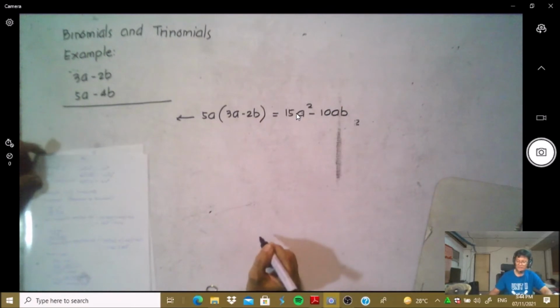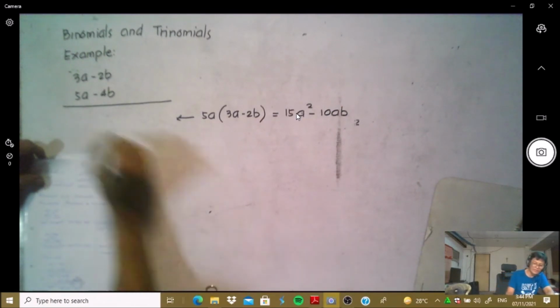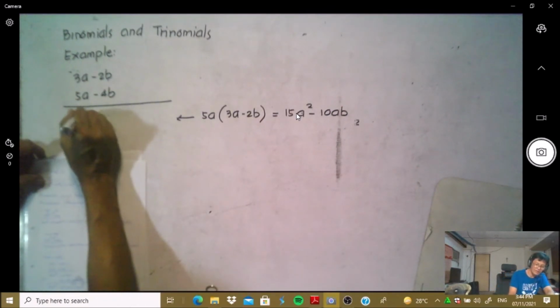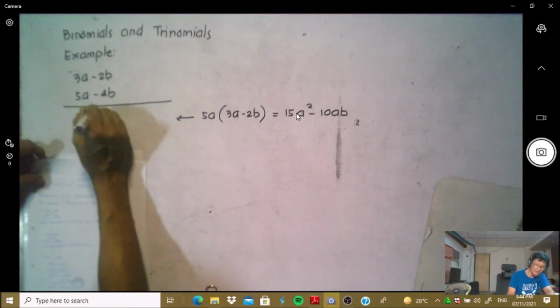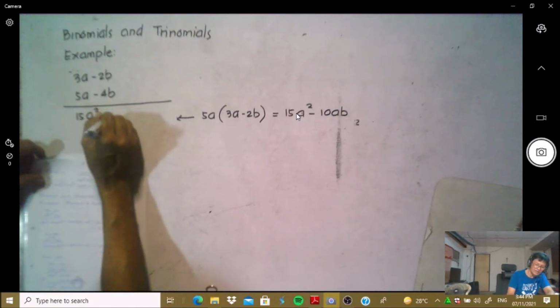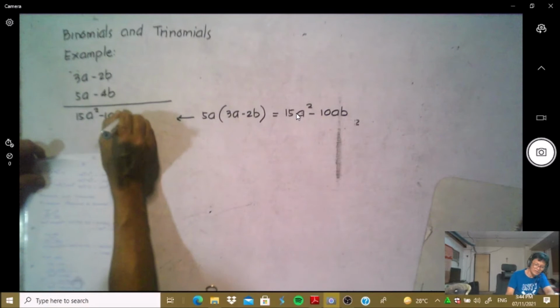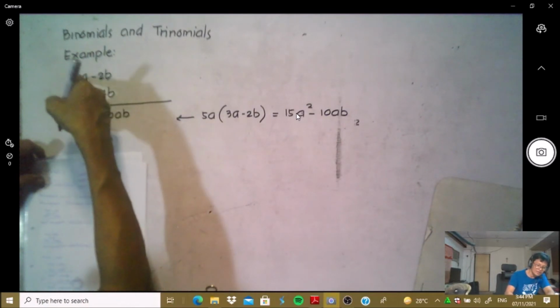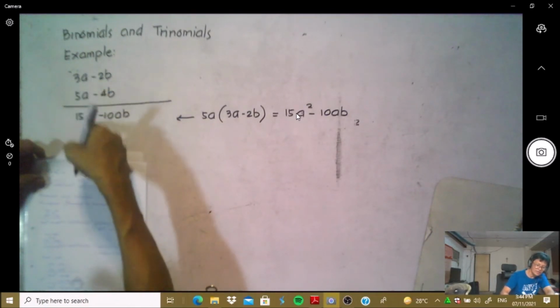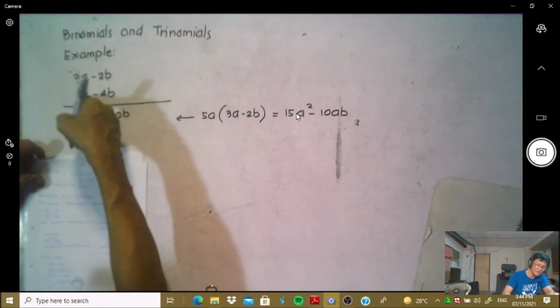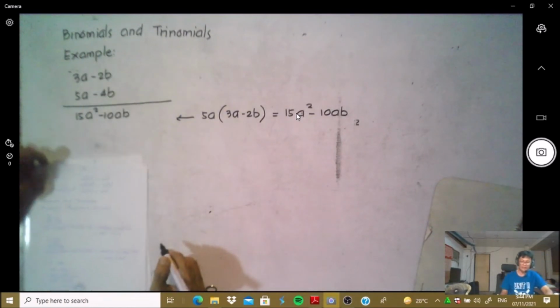Okay, so this will be our answer here. We'll have 15a squared minus 10ab. Actually, this is just 5 times 3, 15a times a is equal to a squared, then minus 5a times 2b is equal to 10ab.